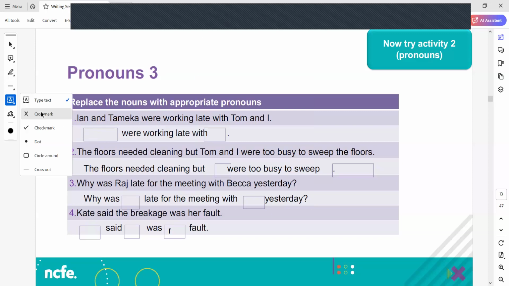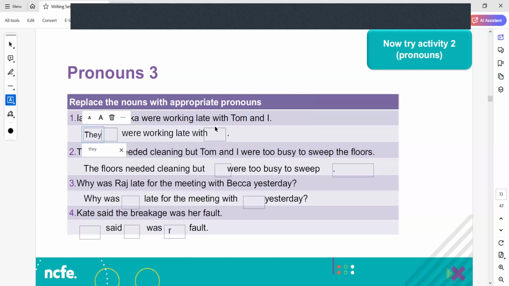They were working. They. Good. Thank you. So they. And where's the next nouns in that sentence? They were working late with them. They were working there with us. With Tom and I. Good. Yes. With Tom and I. Okay, so us.